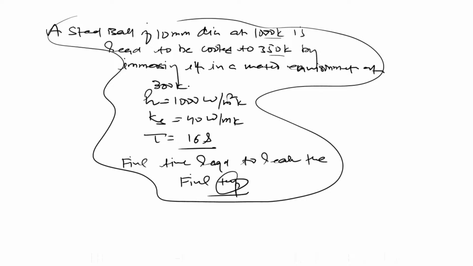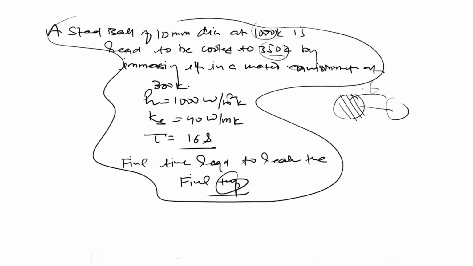Yes, why? Because the diameter is 10 millimeter and temperature has to be brought from 1000 to 350. They are not asking at which location it is 350. They are not bothering about location. It means it is a lumped system.